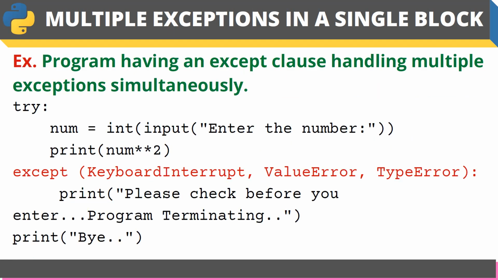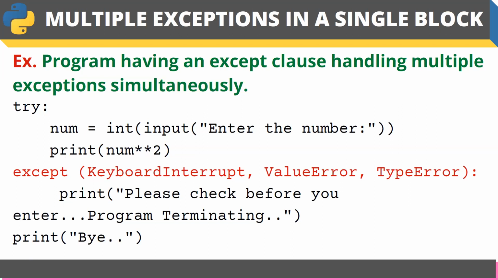In the same program as before, we are handling all exceptions in a single except block. Try: num equal to int input, enter the number, and print num power 2.